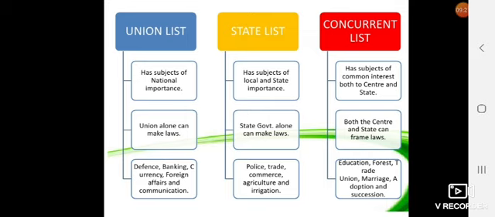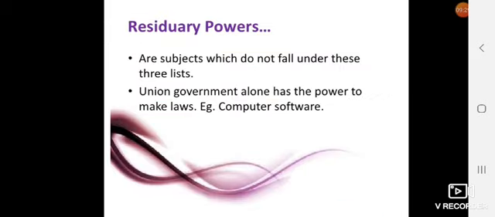According to our constitution, the union government has the power to legislate on these residuary subjects. So the subjects which do not fall under these three lists, the union government has the power to make laws on, and that is called the residuary power.